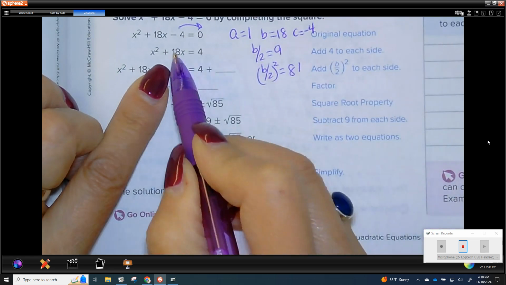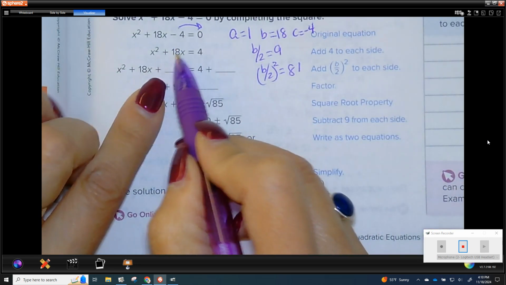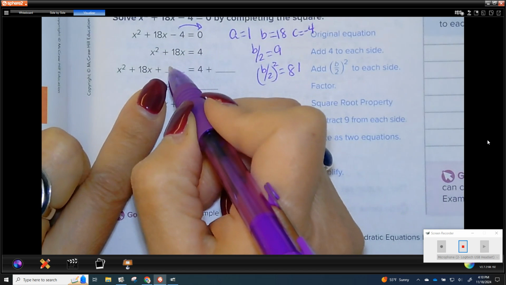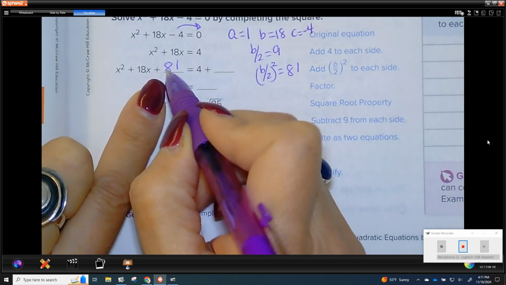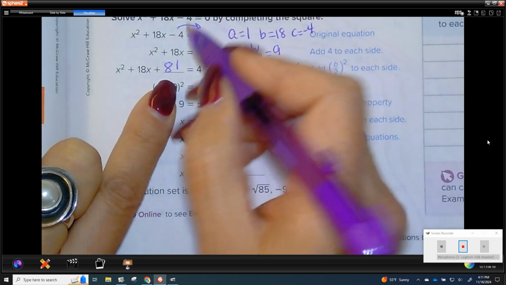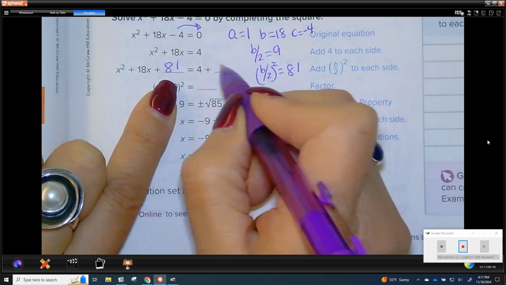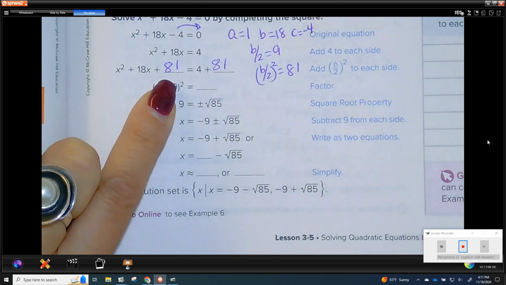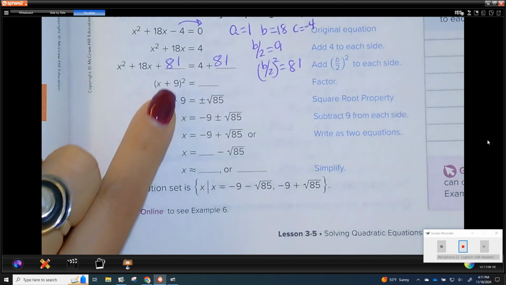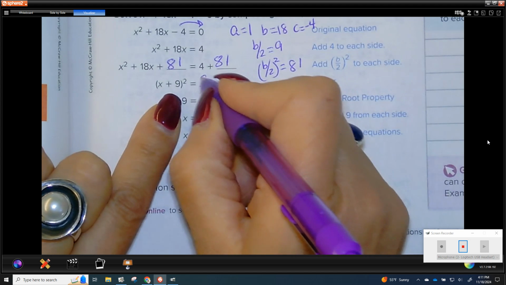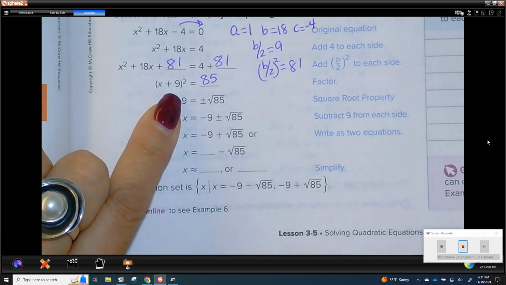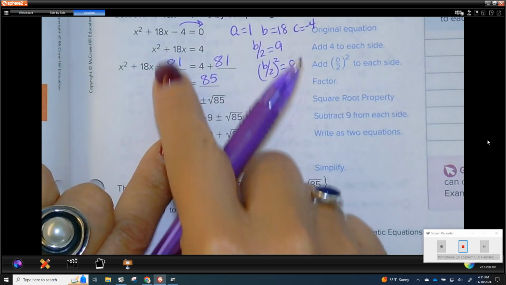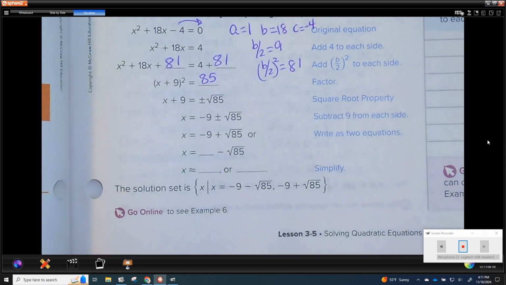To make this a perfect square trinomial, if this was 81, that's a perfect square trinomial. But whatever I do to this side of the equation, I have to add to this side. This factors to that. This becomes 85. So now we force that to be a perfect square, but since we're going to add later on, we're adding the same thing to both sides of the equation.